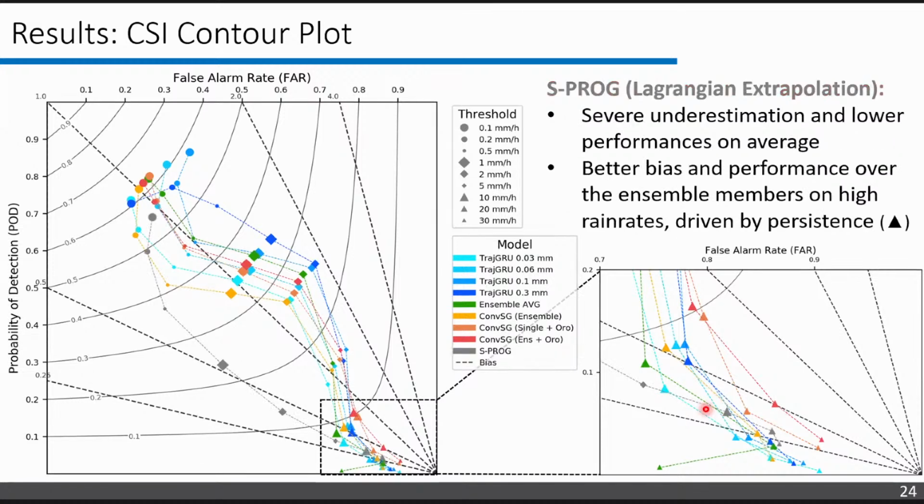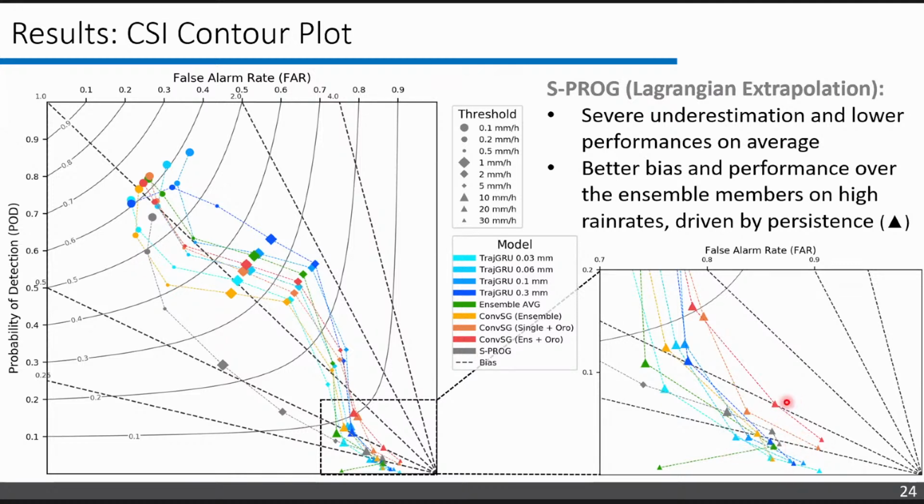And here you can see the performances of the Lagrangian extrapolation. The Lagrangian extrapolation is exactly as you said, quite good in the higher rain rates, because it's able just to persist the current situations in the future, basically. So it persists the current frequencies of the events in the future, and by doing this, it's often better than the other deep learning models.